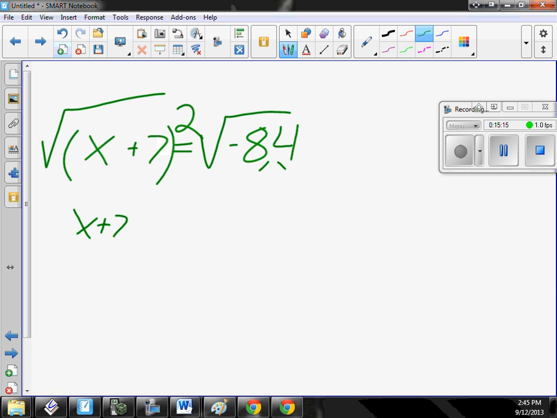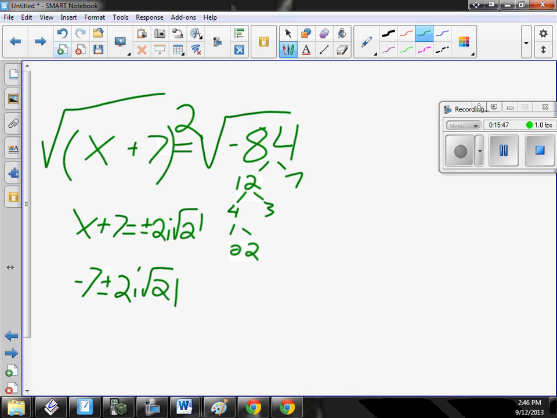What goes into 84? 12 and 7, 4 and 3, 2 and 2. Can I pull anything out? 2 root 21, so equals plus or minus 2i root 21. So my answer would be negative 7 plus or minus 2i root 21.